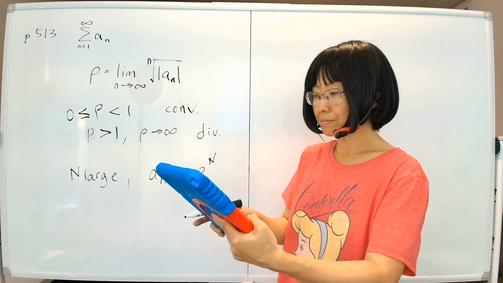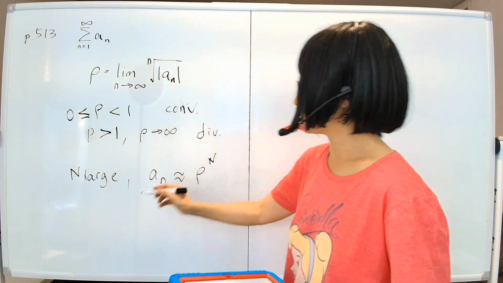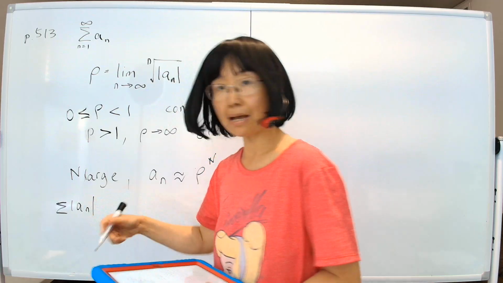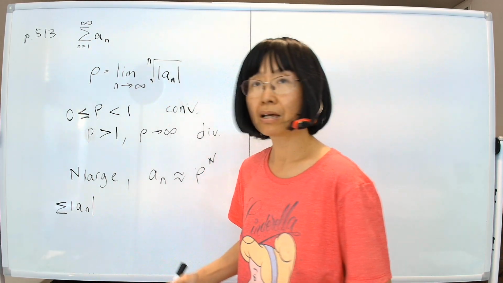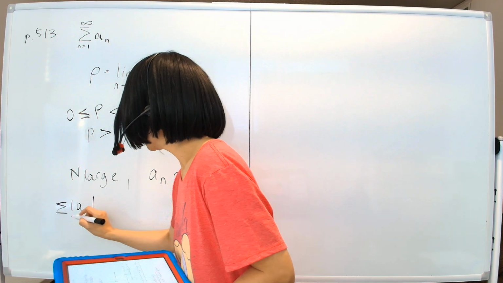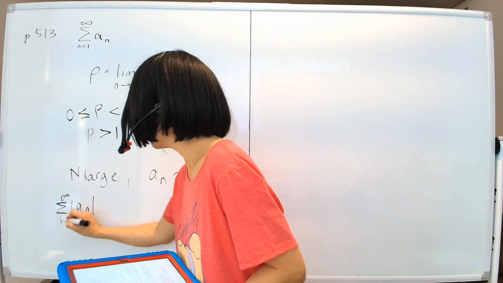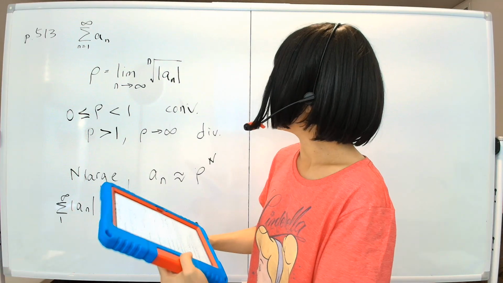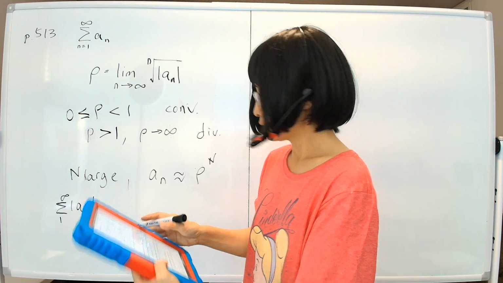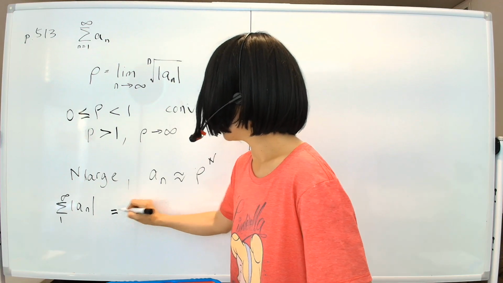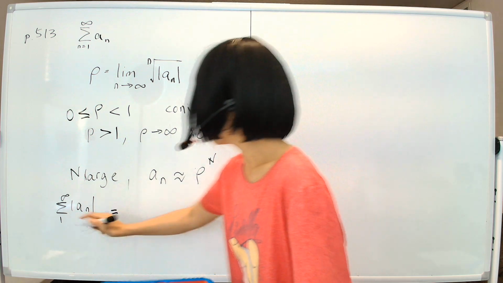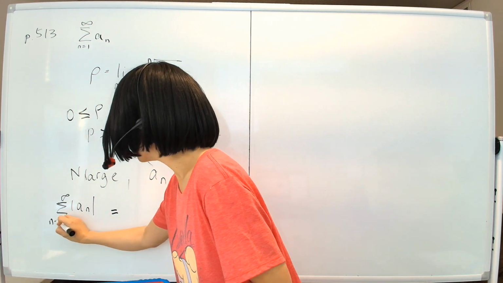So then what happens is the sum of the absolute values. We're talking about absolute convergence here. The sum of |a_n| as n goes from 1 to infinity will be roughly equal to, we'll start at N to be accurate.